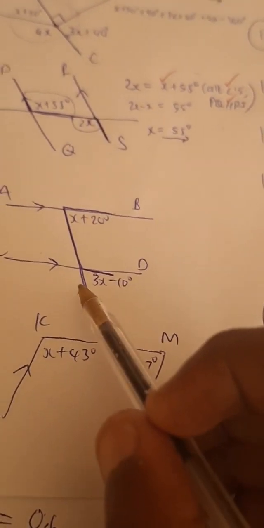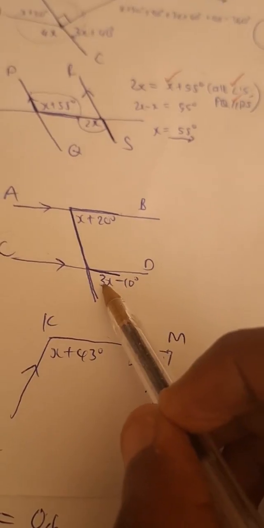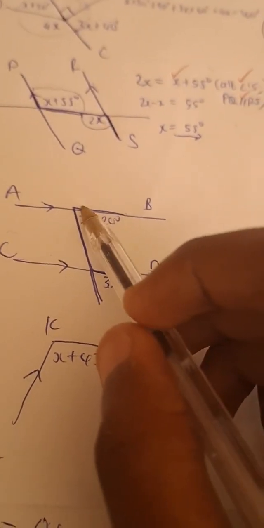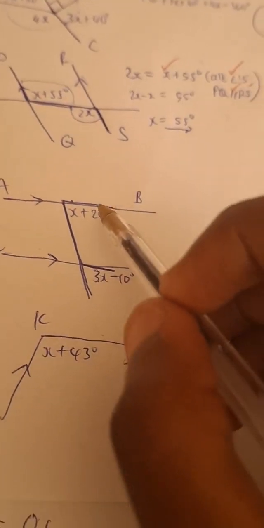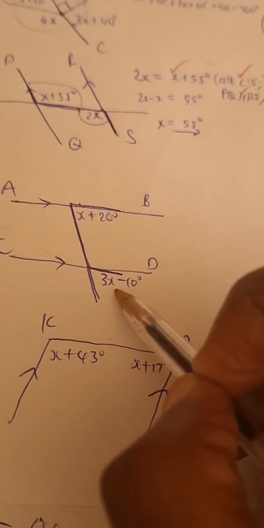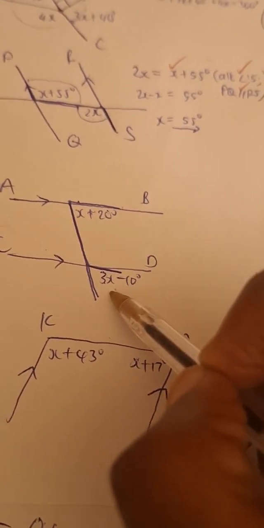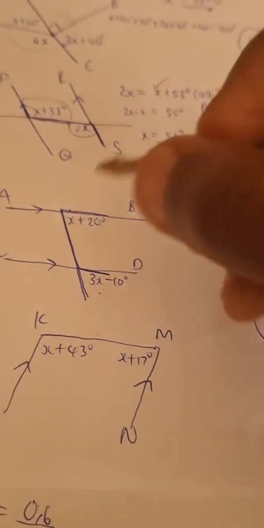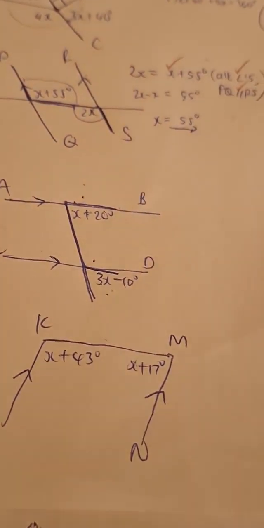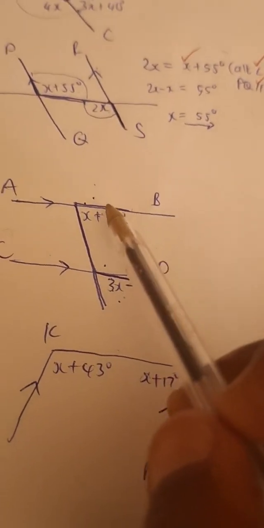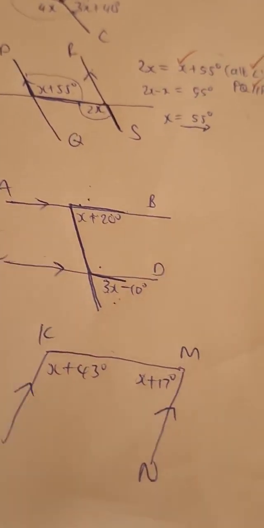And let us trace. Underneath this parallel line, there's 3x minus 10. Underneath this top parallel line, there's x plus 20. We call this bottom, bottom, corresponding. Also, if there was top, top, we know top, top will also be corresponding. So this is F shape, corresponding angles.